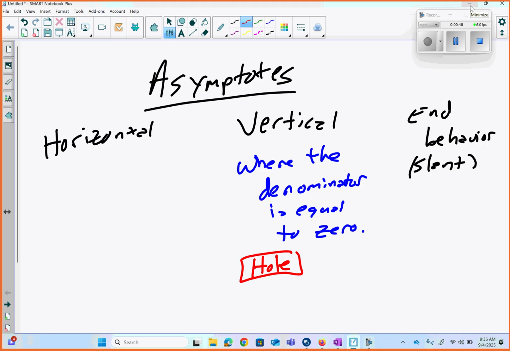A hole takes place when the binomial on top and on bottom are the same. So a vertical asymptote can get superseded by something called a hole. All right, that's the first one.